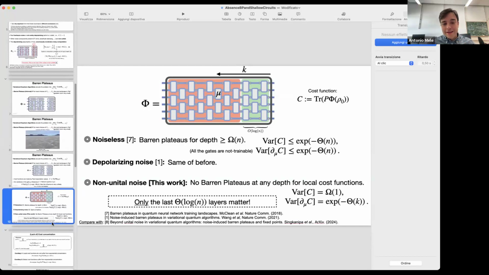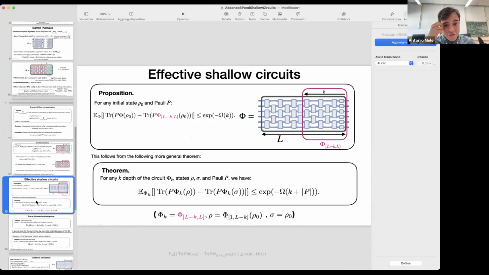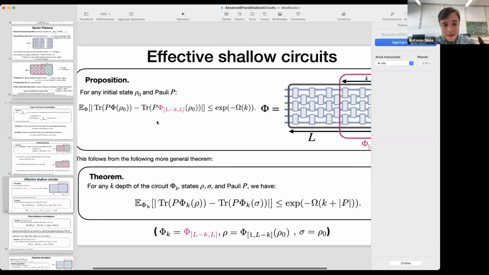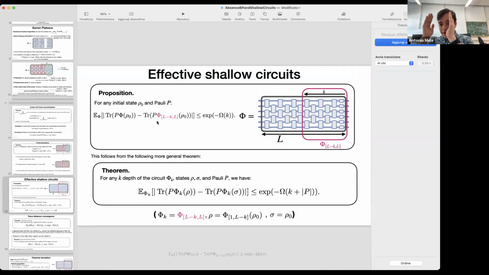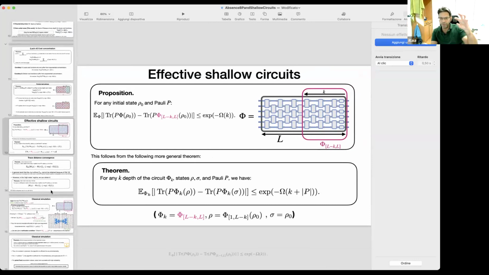Yeah, it's an interesting question. To prove this statement that you can truncate your circuit, with an exponentially in depth precise estimate, we assume independence of this chunk of circuit from this chunk. You have this joint probability distribution. If you correlate the parameters, if you have some kind of feedback or repetition of parameters, our theorems do not apply. If you repeat the same circuit, you can maybe drive it to non-trivial points.